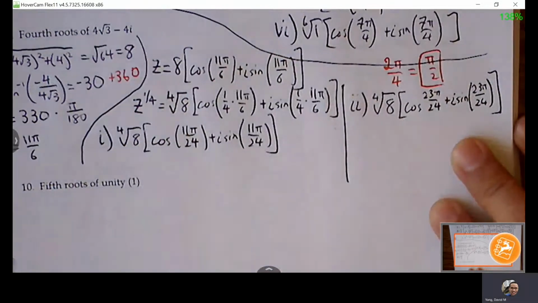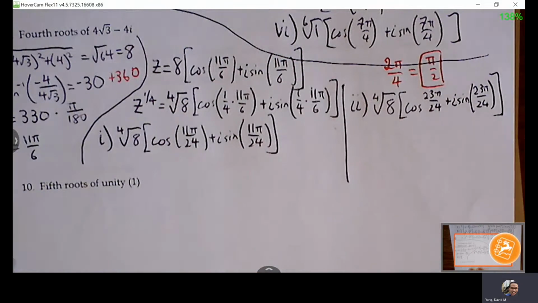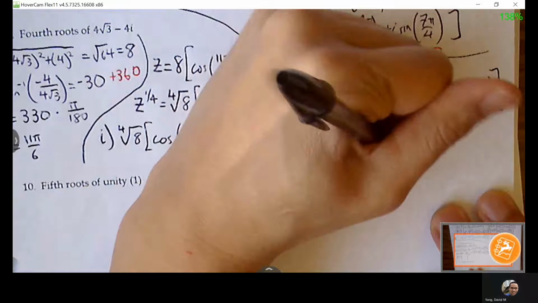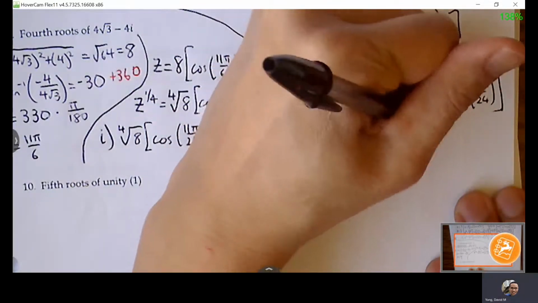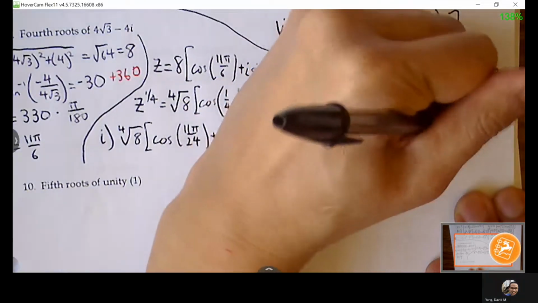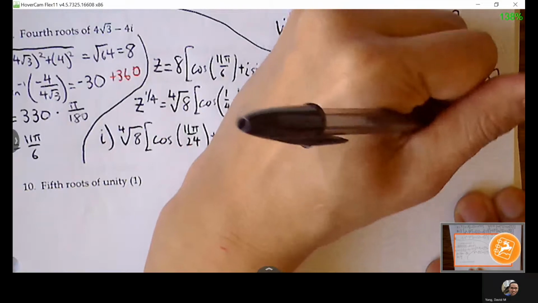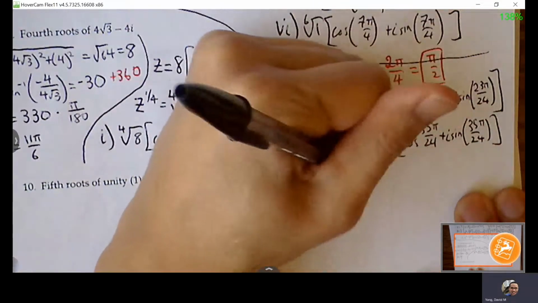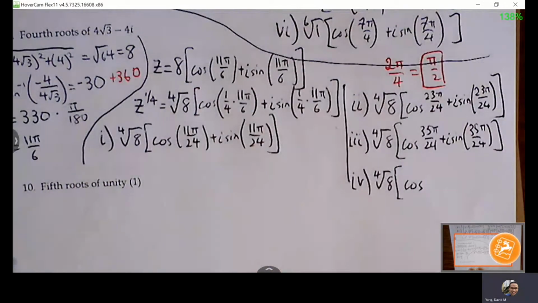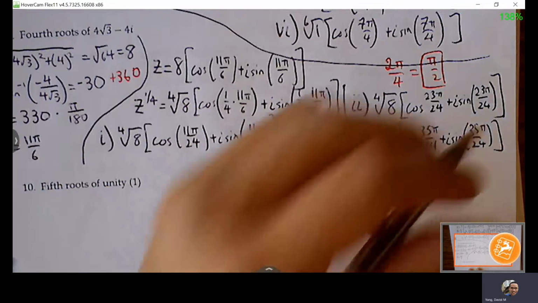Okay, repeat the process, add another 1/2. And then one more. 47 over 24. It's the last solution.